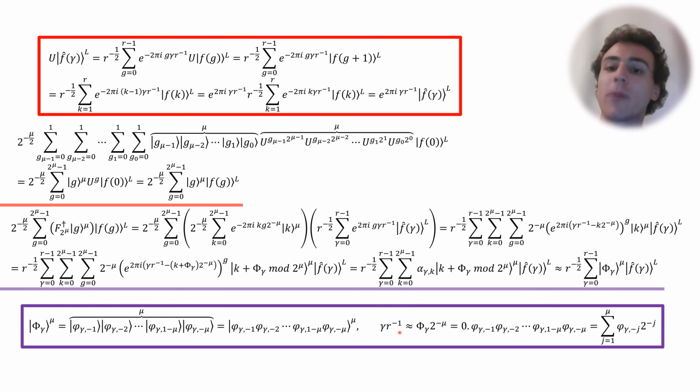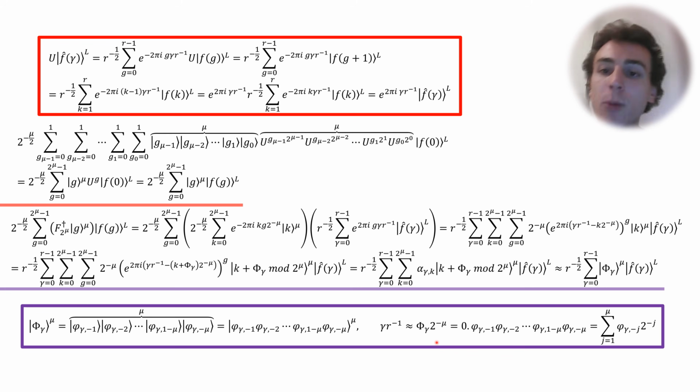So once we perform the measurement at the end of this order finding algorithm, we have to process that measurement, and we have to see if we can extract the value of r from that measurement. So this quantity of gamma times r to the -1 is what we're actually going to try and approximate. And we're not going to be directly measuring that. Instead, we're measuring an approximation for that. We're measuring this bit string, which is capital phi sub gamma.